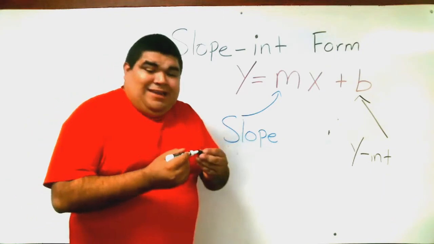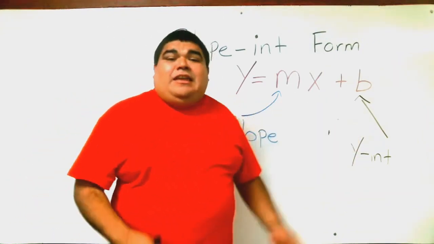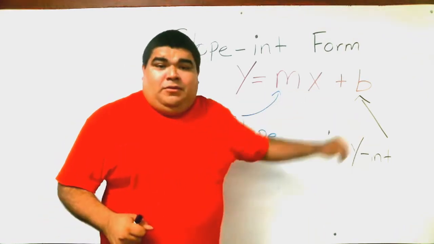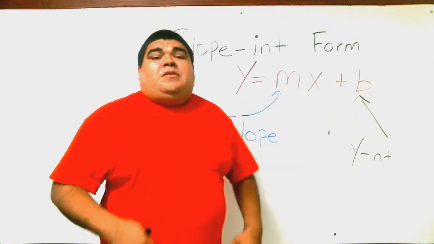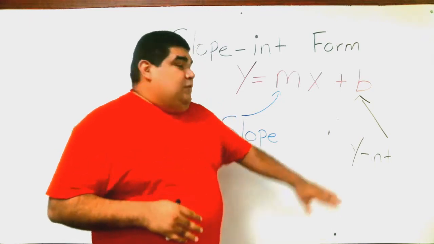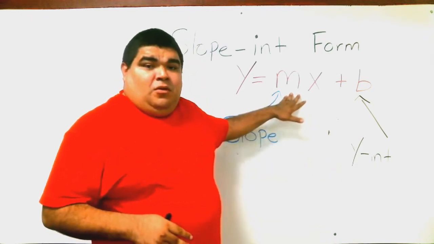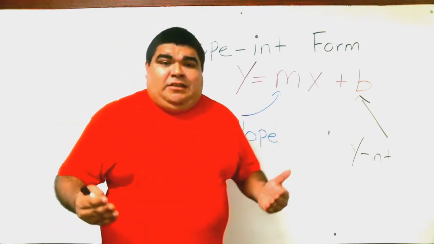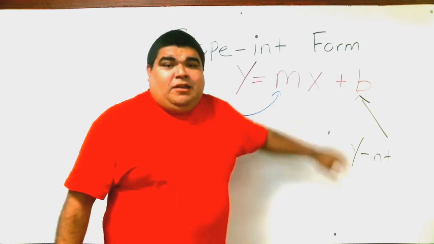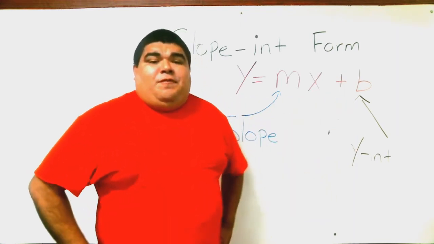We need to find the b in the equation in order to graph this formula. Once we have the slope, we can use one of the coordinates to solve for b. So let's start on the example for today.